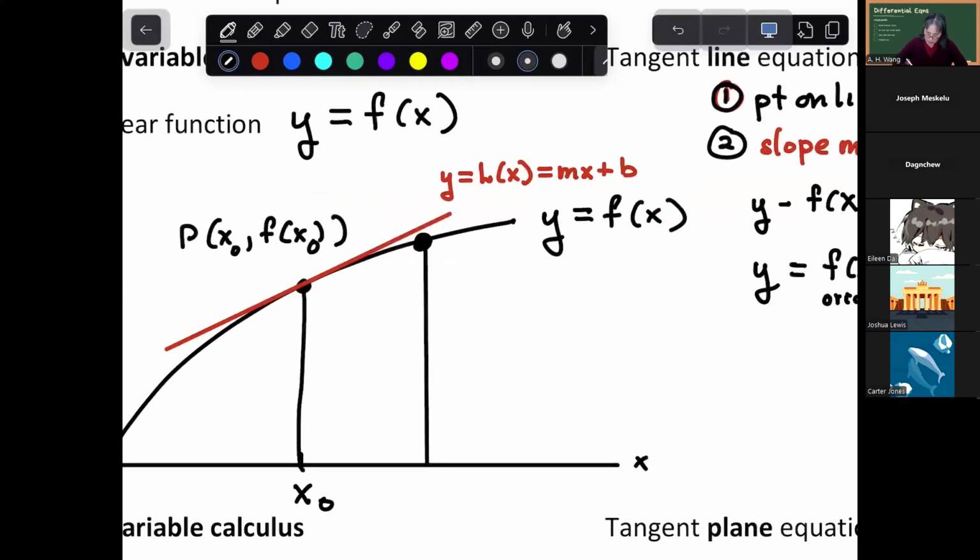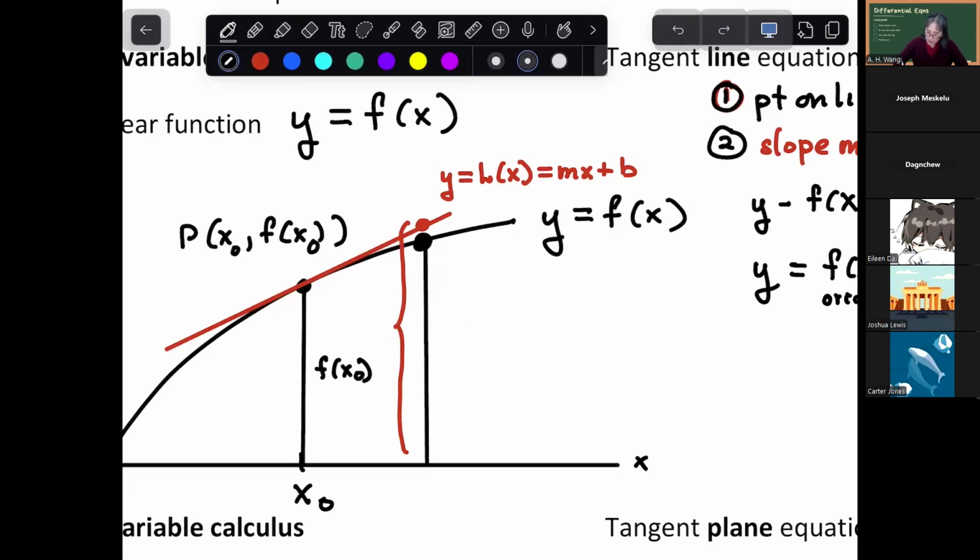Well, this height right here is f of x naught, that's the original height. And what you're doing is you can slide up the tangent line over here, and then you're going to get to here. And so you're going to say, oh, this height is going to approximate the actual original height.